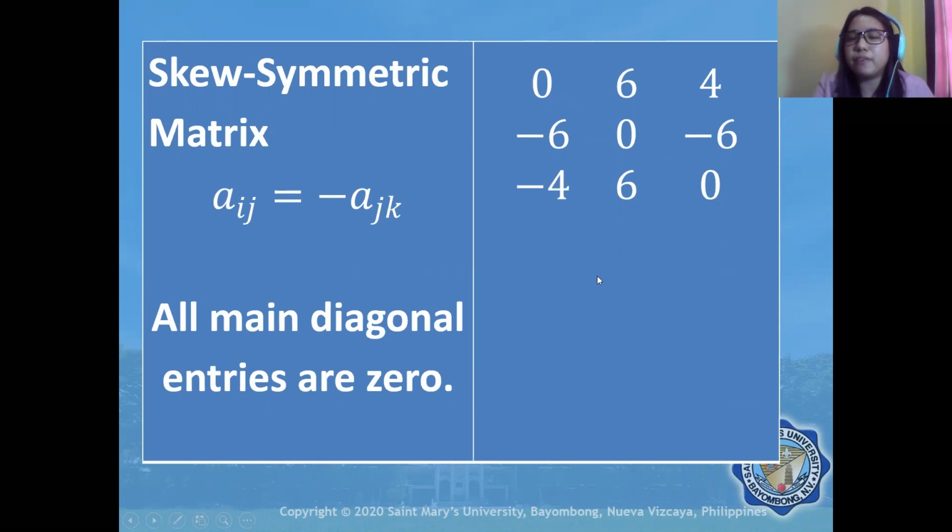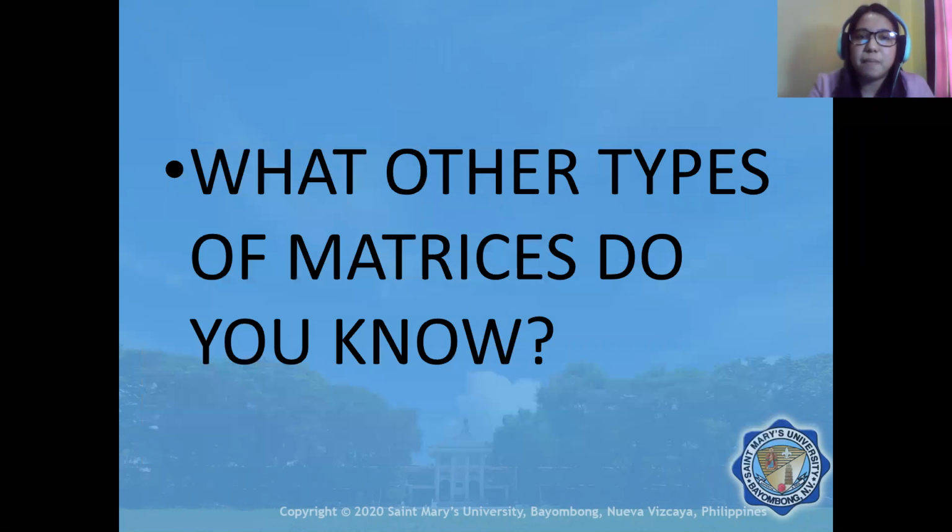If we look at the values, for example, just like the first one, we have here a sub 1,2 is 6, and a sub 2,1 is negative 6. So a sub 3,1 is negative 4, and a sub 1,3 is equal to 4. So it is a skew symmetric matrix.